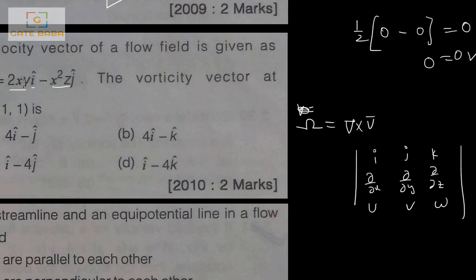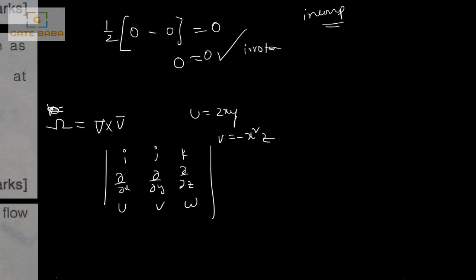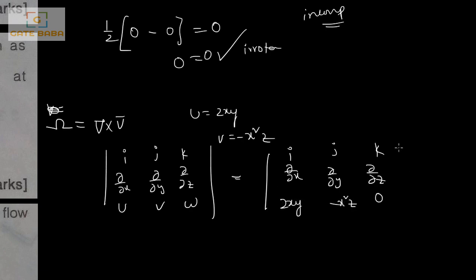So here u, v are given. u is 2xy, and v is minus x square z. Okay, just substitute the values here. That implies the determinant of i, j, k, dou by dou x, dou by dou y, dou by dou z, and u is 2xy, v is minus x square z, and w is 0, no component.